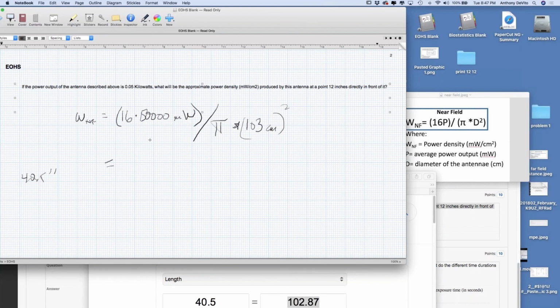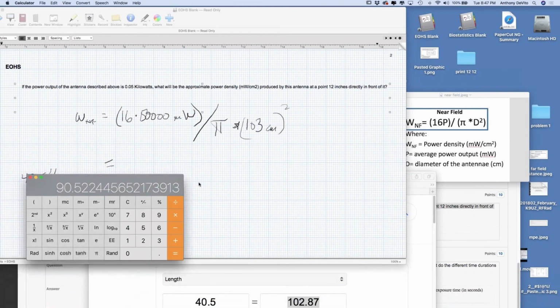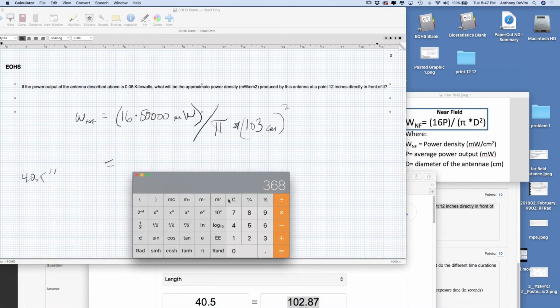So it's equal to 16 times 50,000. I'm going to do the calculation here, starting with the denominator first, because it'll make the division easier at the end. 3.14 times 103 squared is equal to, and this is in centimeters squared.